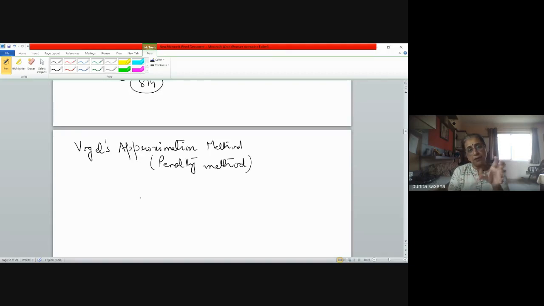Penalty means the difference between 1015 and 814. So that difference is the penalty that we are paying. So he said, let us minimize that penalty. If we are minimizing the penalty, that means we are minimizing the difference between the cost of the objective function obtained by using the initial solution and the optimal cost.